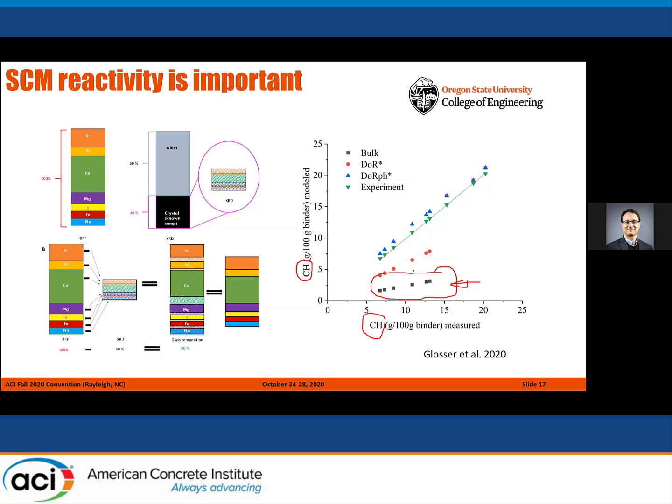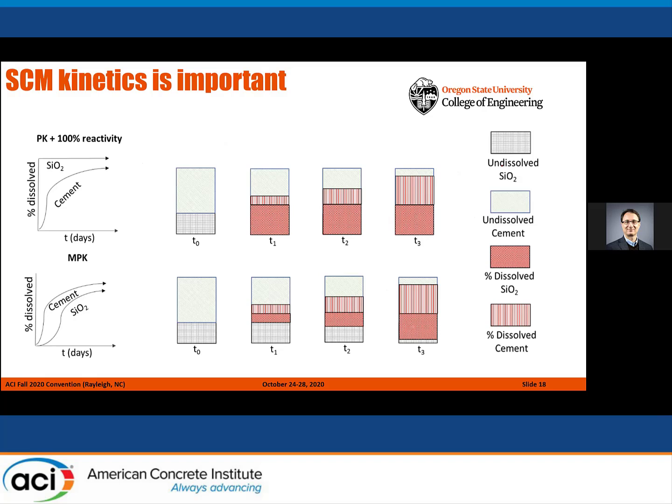But if you use the kinetic model, the thermodynamic/kinetic approach, you actually can predict things pretty nicely. So even if the problem has some kinetic component in it, you can find ways to do this. And this is an illustration of why this is important.